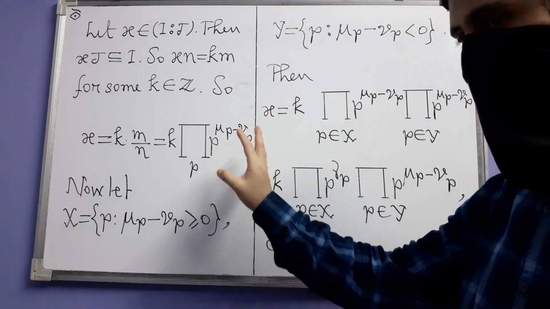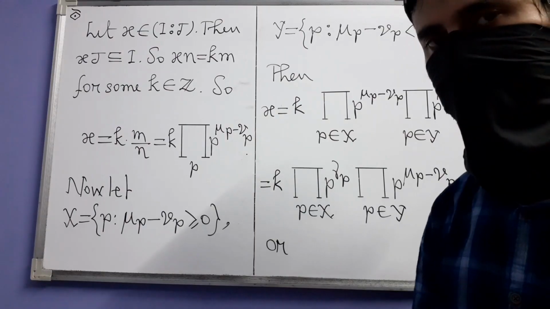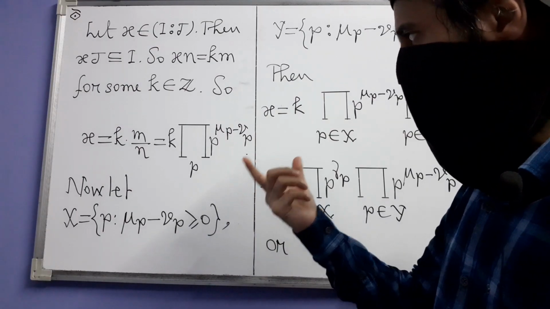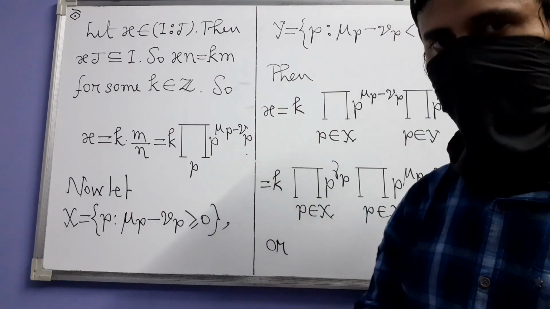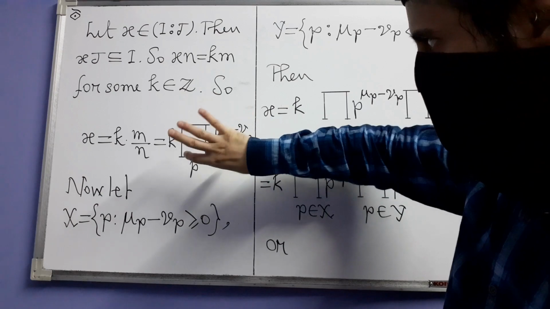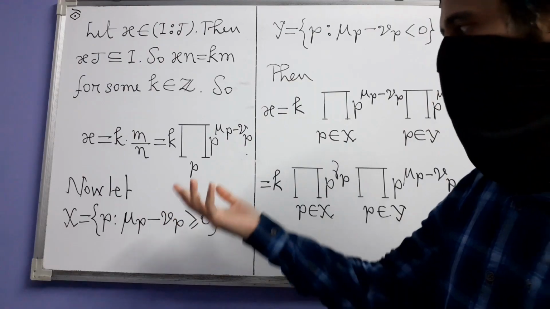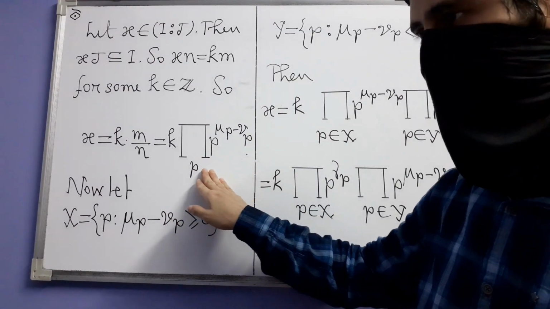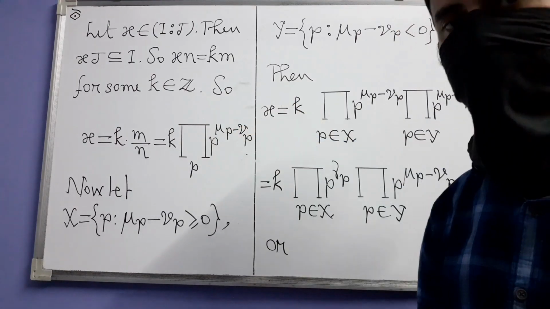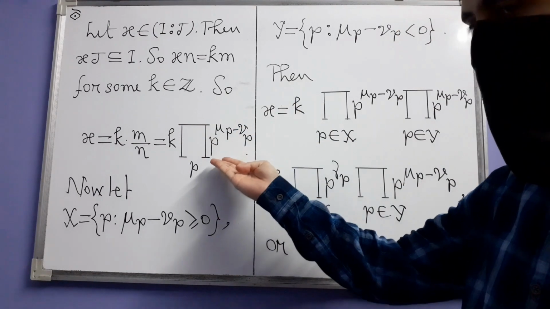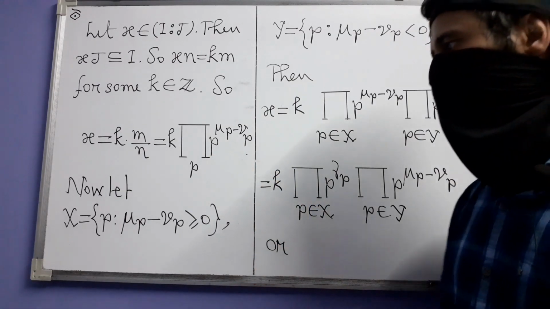Here you do not again have to be worried about whether this product is convergent or not, because at a time only finitely many primes are actually involved in both the prime factorizations. So this ratio m divided by n, it's just a ratio. Here also only finitely many primes are involved in this expression. So there is no question of this product being non-convergent. Those problems are not present.